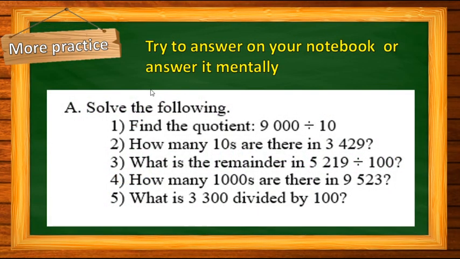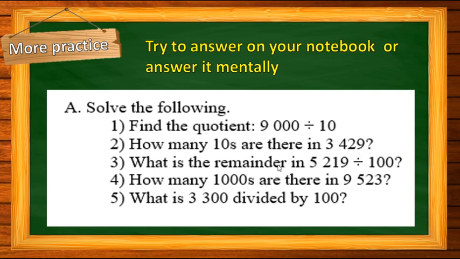To further analyze this topic, try to practice, try to answer on your notebook or try to answer it mentally. Solve the following problems. Number 1: find the quotient of 9,000 divided by 10. That's very easy. Number 2: how many tens are there in 3,429?